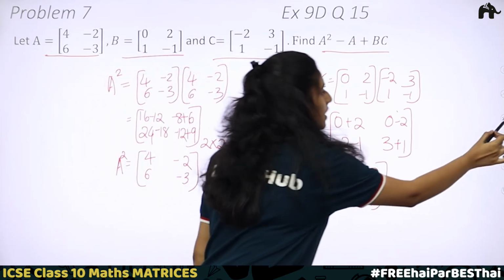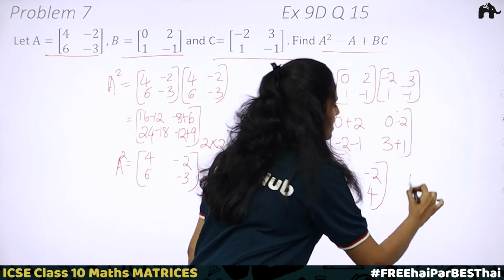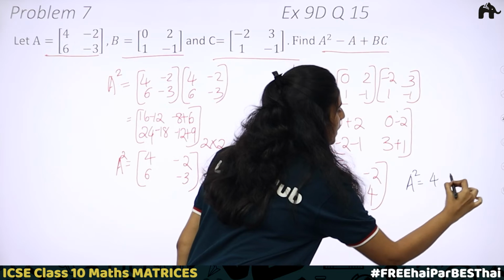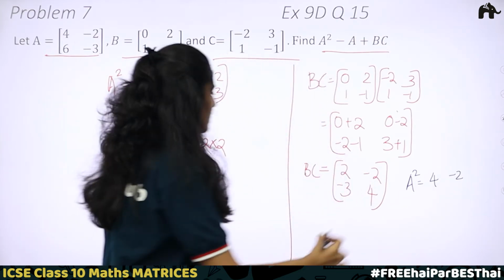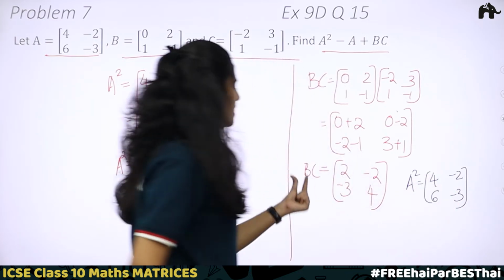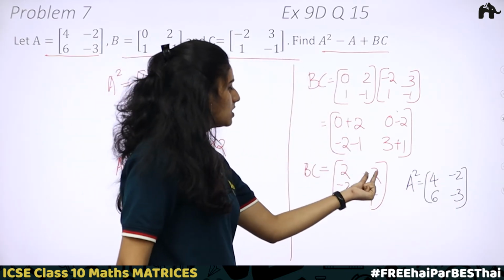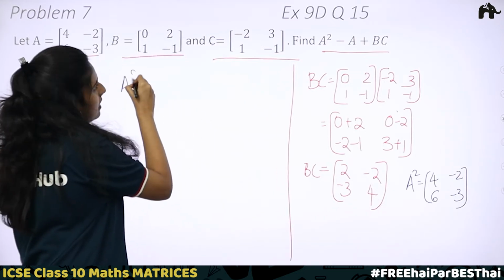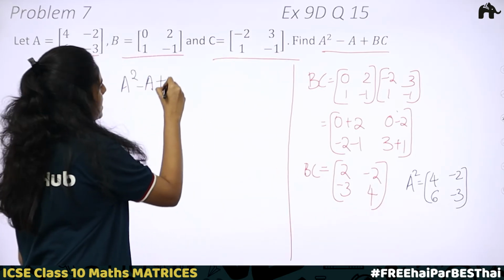Okay, we got A square is equal to 4, minus 2, 6, minus 3. And BC is equal to 2, minus 2, minus 3, 4. Now we can find A square minus A plus BC.